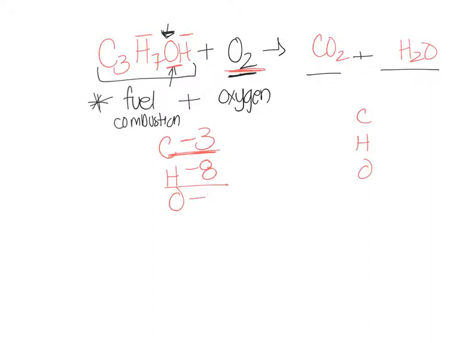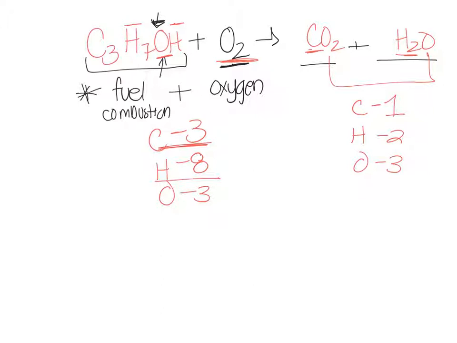So there's actually 3 oxygens in total. A little bit tricky to count that side. This one is pretty normal now. This is 1, this is 2, and if I count the amount of oxygens, I have 3.